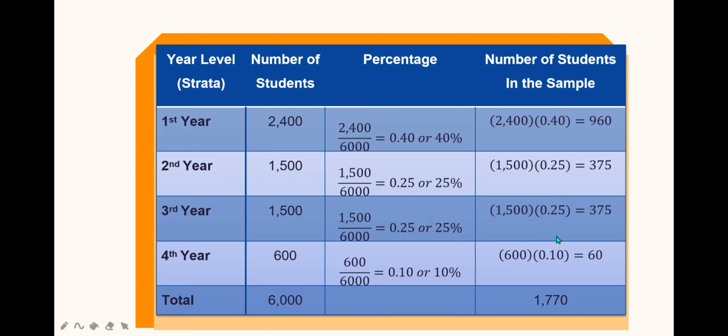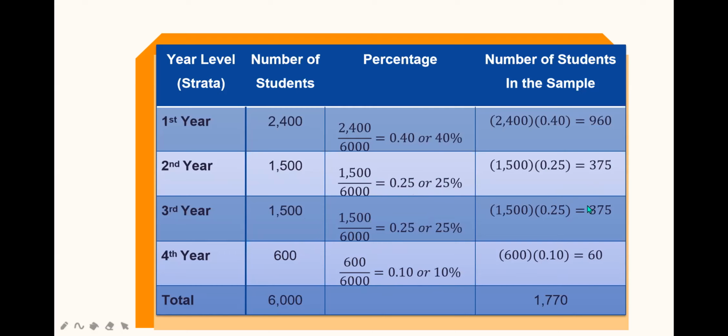Same as true with the third year strata. Now, based on this, let's proceed to the fourth year strata. So 600 divided by 6,000 is equal to 0.10, and then multiply it by 600. So therefore, that is just 60 students.